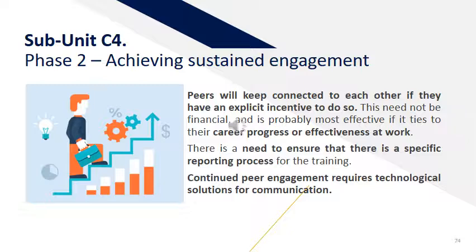There is a need to ensure that there is a specific reporting process for the training, and that this process emphasizes the value of continued peer engagement for the participants and their organizations. Continued peer engagement requires technological solutions for communication. Peers who want to engage with each other will be put off if they have to organize all the engagements. Sustained engagement is more likely if a facilitating agency provides logistical support to peers who want to continue engaging.